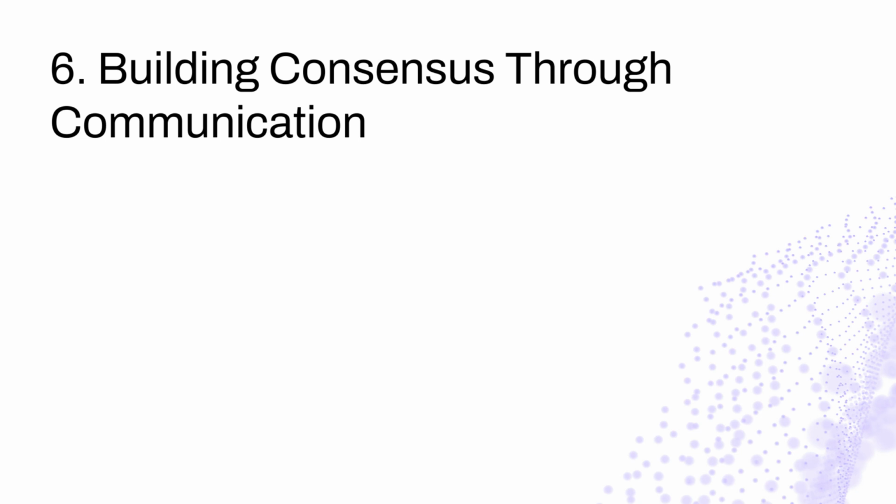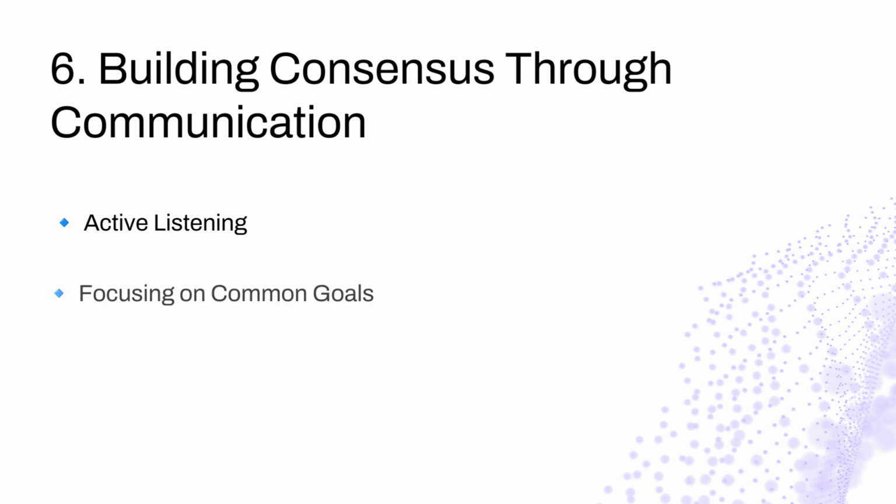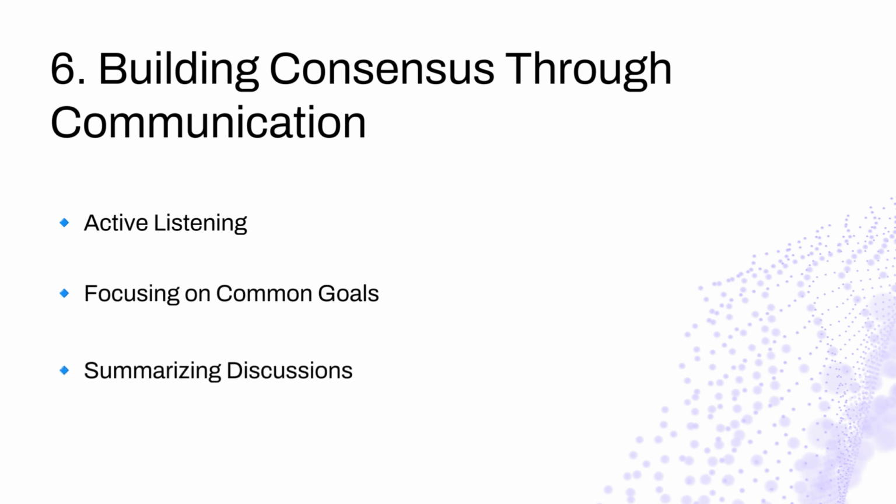Ladies and gentlemen, effective communication isn't just about sharing information. It's about building consensus, especially within multidisciplinary teams. Key strategies include active listening: understand and address the concerns of team members; focusing on common goals: align discussions around shared priorities, like improving patient outcomes; and summarizing discussions: regularly recap key points to ensure everyone is on the same page.